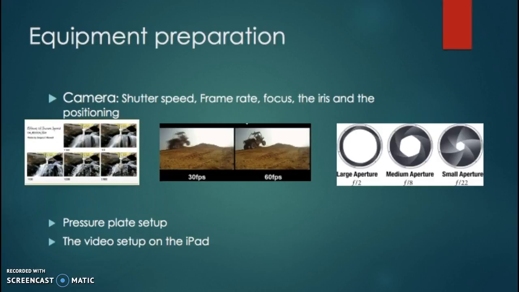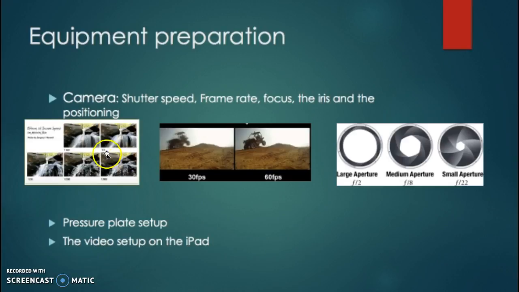Another thing is the equipment preparation of the methodology. The camera is a big part because there are lots of components to the camera that can affect the data that you gather. For example, the shutter speed: if your camera has a high shutter speed, it's going to be able to take images that are a lot more clear.